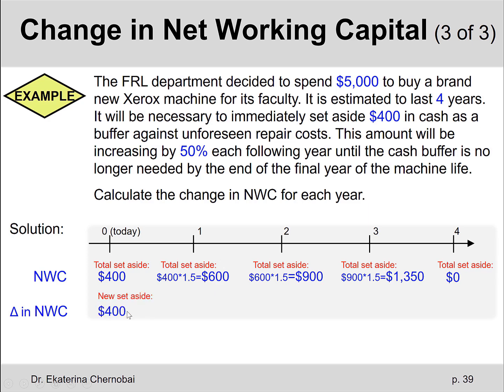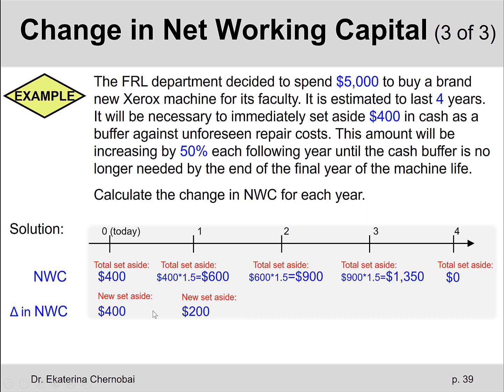Okay, so the immediate change is 400, kind of where we started, but then the additional or the incremental, I'm now using the terminology from the beginning of this chapter, the incremental cash flow during the first year is $200. So $200 is actually the 50% increase, right?